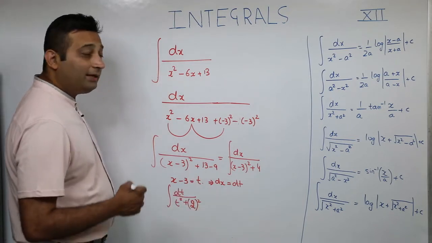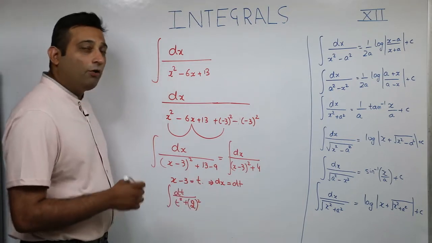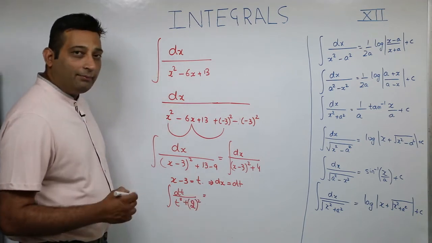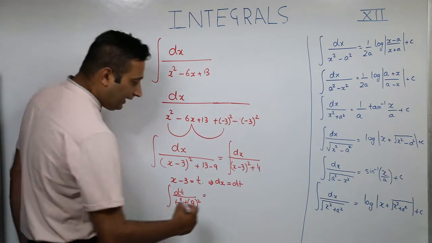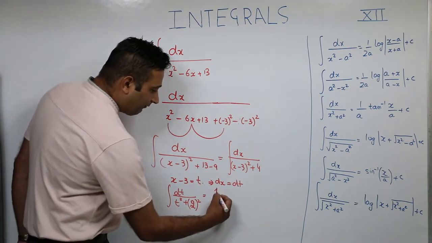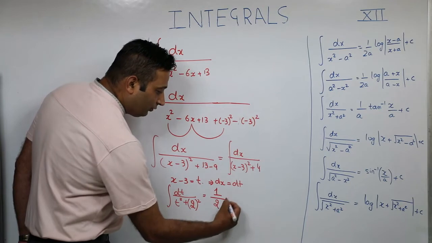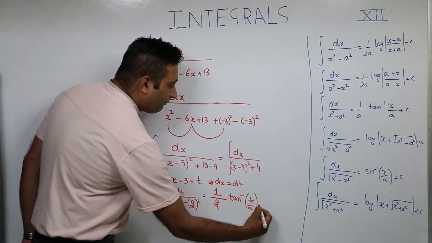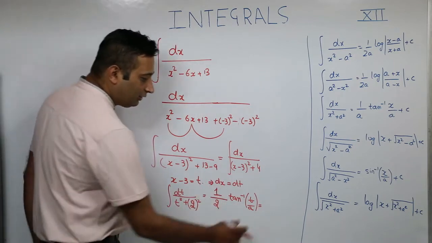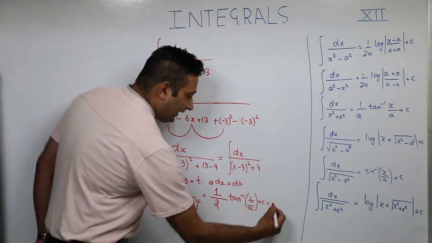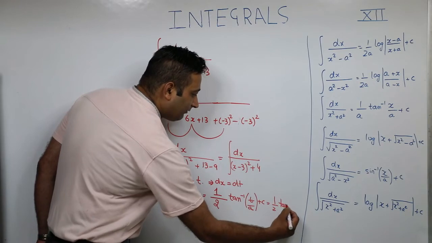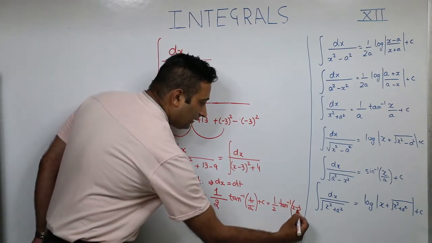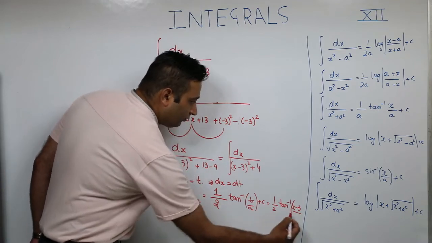Now this can be compared with the standard form 1 by (x square plus a square), which is equal to 1 by a tan inverse x by a. So the answer would be 1 by a, here a is 2, tan inverse t by a. Now we'll re-put the value of t to get the final answer, that is half tan inverse of (x minus 3) upon a, which is 2, plus c.